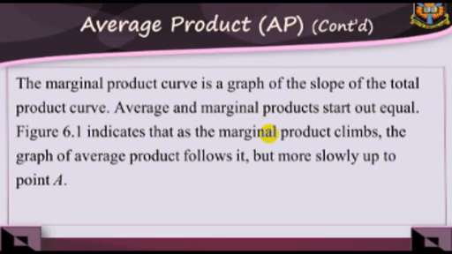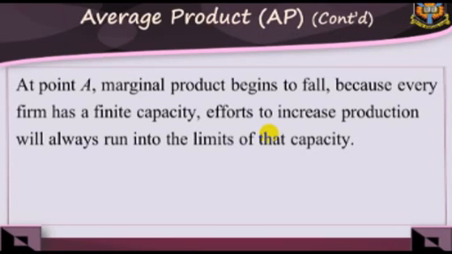Figure 6.1 indicates that as the marginal product climbs, the graph of average product follows it, but more slowly, up to point A. At point A, marginal product begins to fall because every firm has a finite capacity. Efforts to increase production will always run into the limits of that capacity.